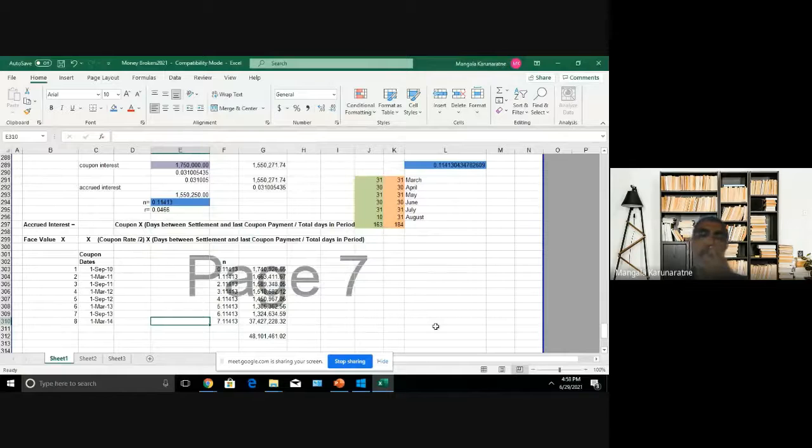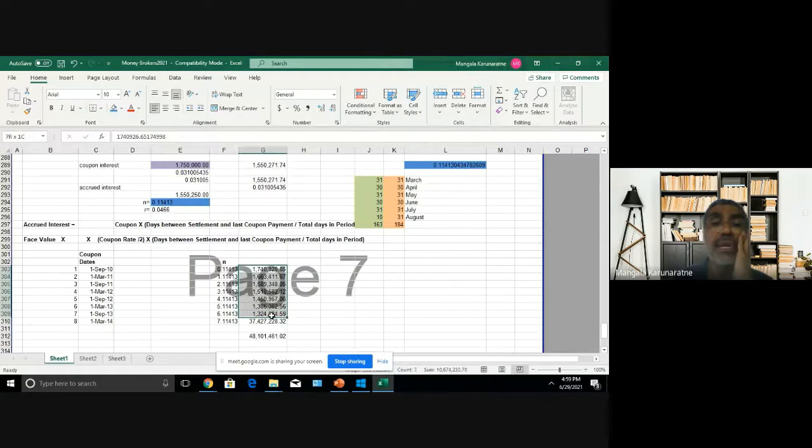These are actually real deals I have taken, by deleting the other information. I have taken some old ones, that is why these 2010 and 2014 ones are there. From 1st September 2010 up to 1st March 2014, we have 8 cash flows.